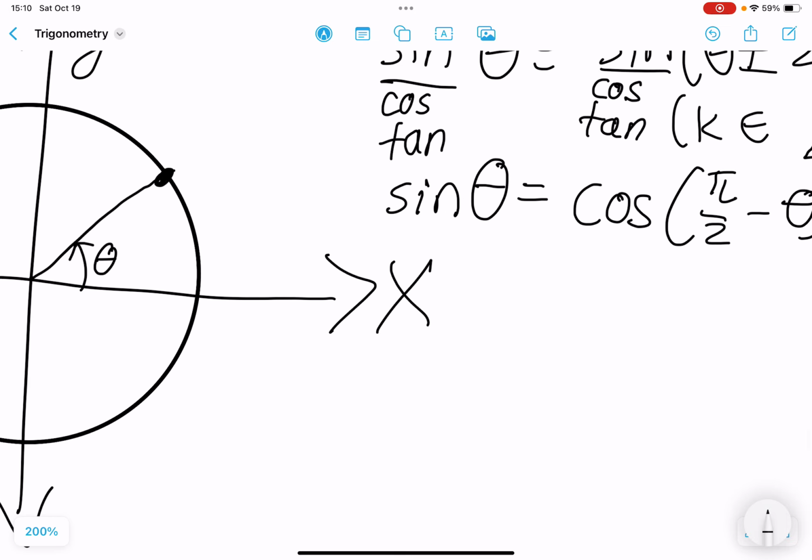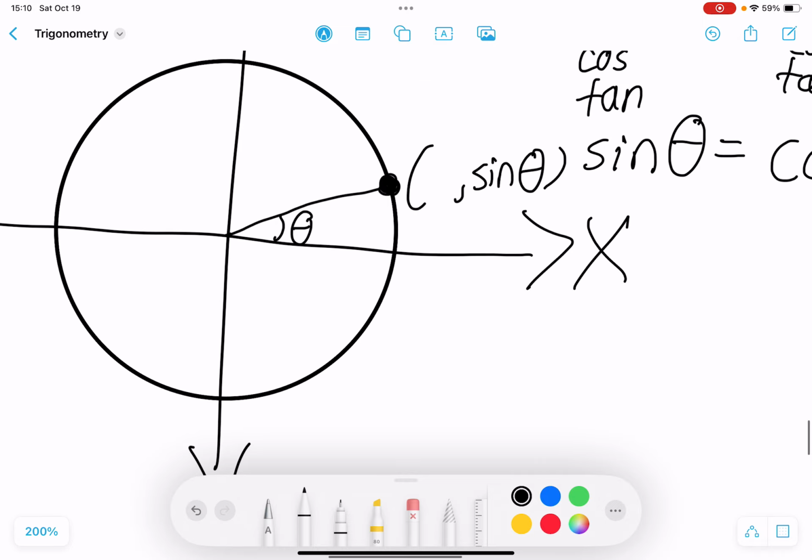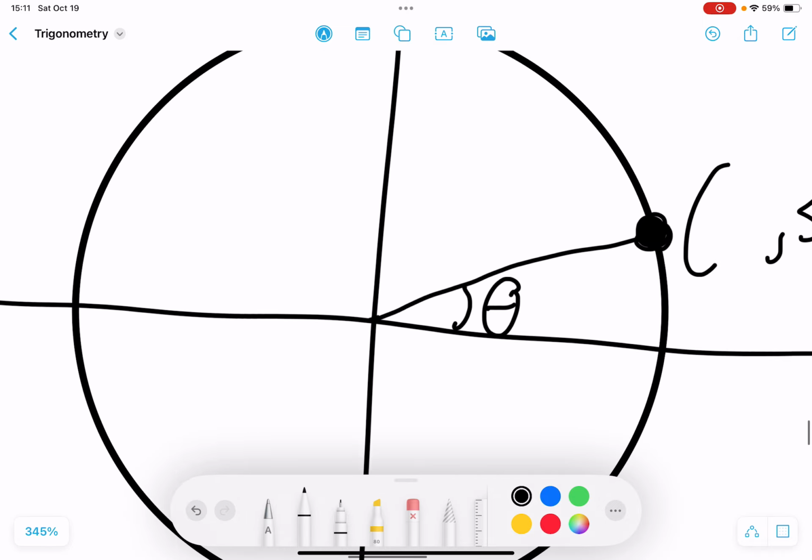Let me draw a different theta here, because this theta looks too much like 45 degrees or pi over 4 radians, which isn't good enough for our example. Let's say theta is pi over 6 radians or something like that. So sine theta, the y coordinate for this, is equal to cosine of pi over 2 minus theta. Now what's pi over 2 minus theta then?